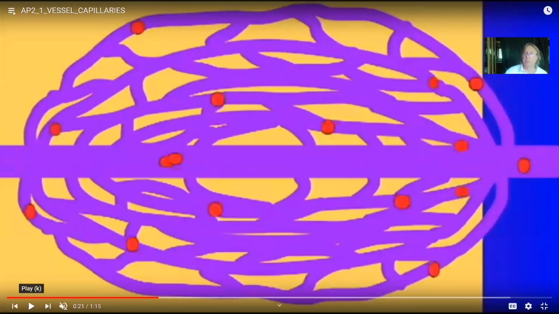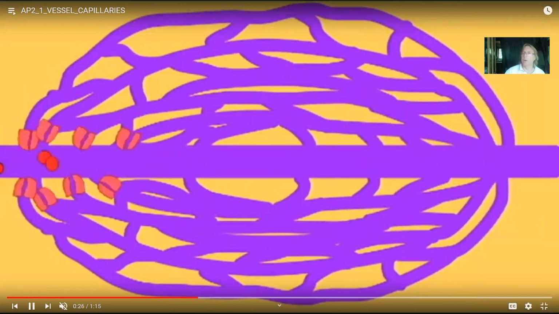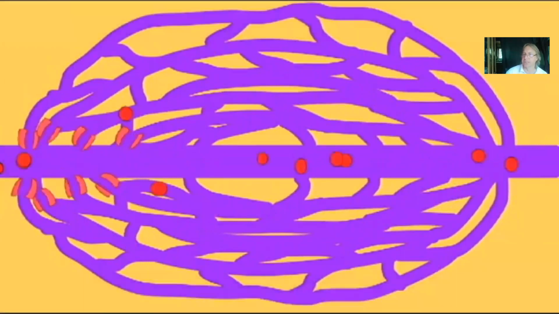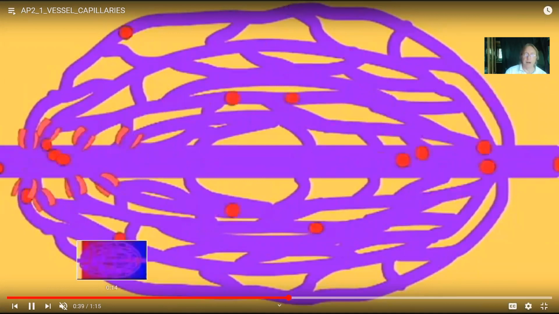The heart's job is to get blood here so that there can be an exchange between the blood and the body's tissues. And so I had said a primary function of the cardiovascular system is transport, and there are lots of things which are being transported to capillary beds or from capillary beds elsewhere in the body.